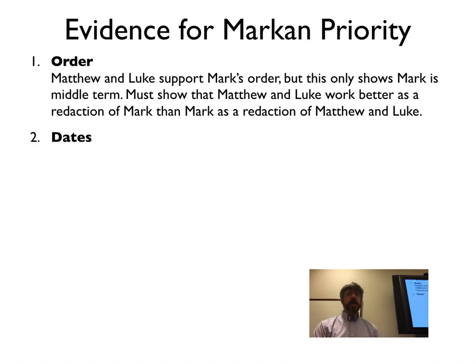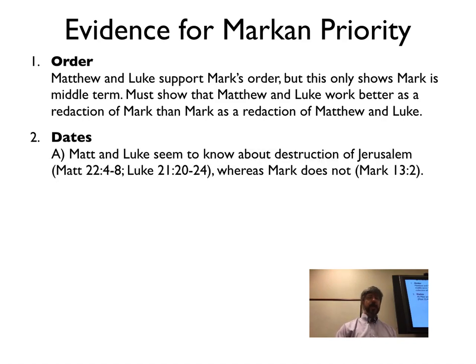Okay. Second is dates. Well, how do we know when these are written? Well, we don't. And so the way scholars do this is they try to look for contemporary events that the gospel writers seem aware of. So, several think that Matthew and Luke are aware of the destruction of Jerusalem. Why?